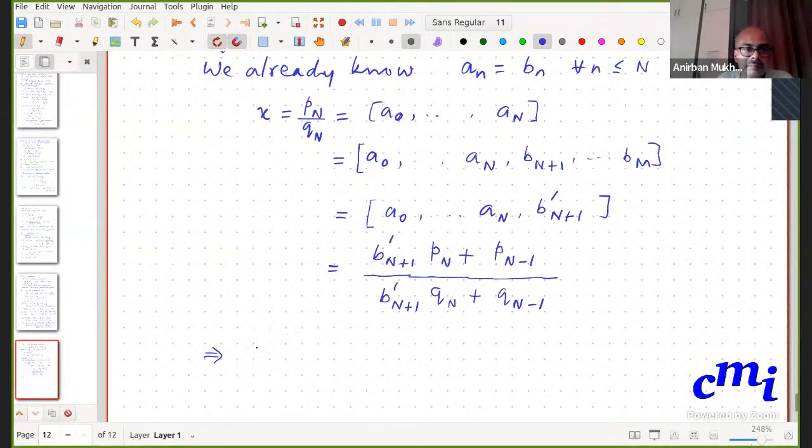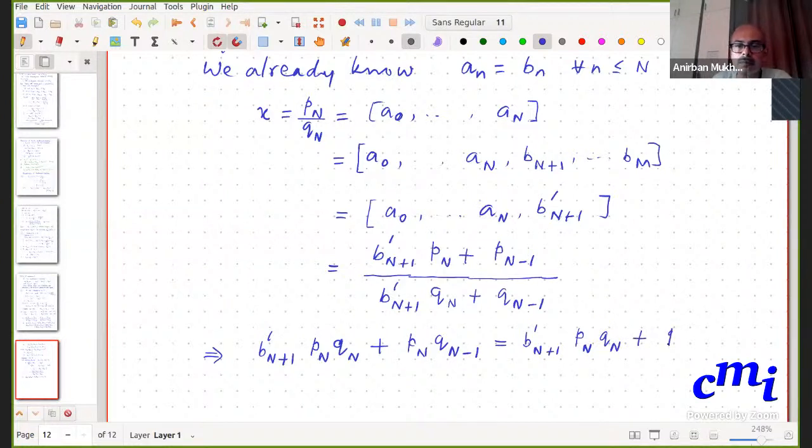So this is Bn plus 1 dash, Pn, Qn. So multiplying this by Pn, we get Pn Qn minus 1 is equal to Bn plus 1 dash Pn Qn plus Pn minus 1 Qn.